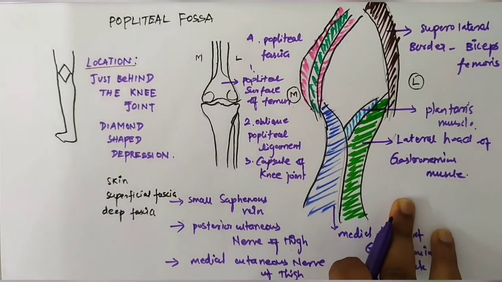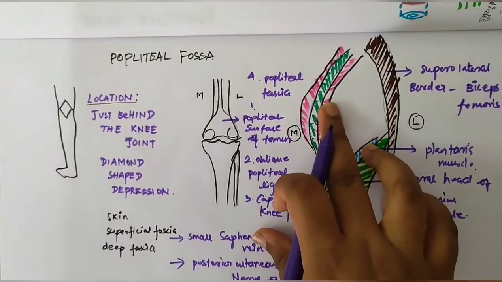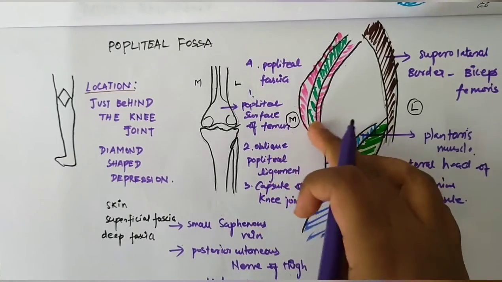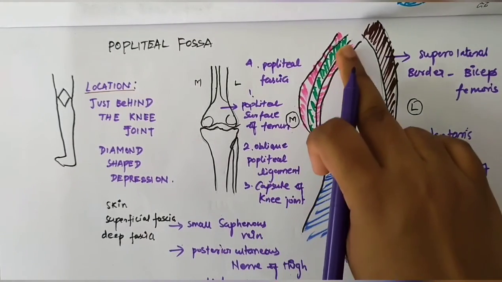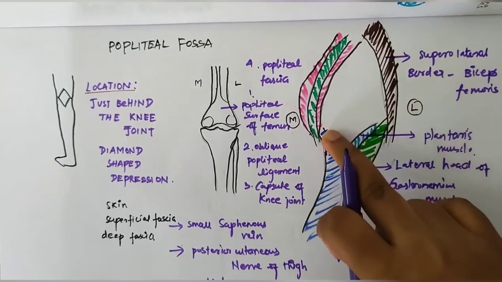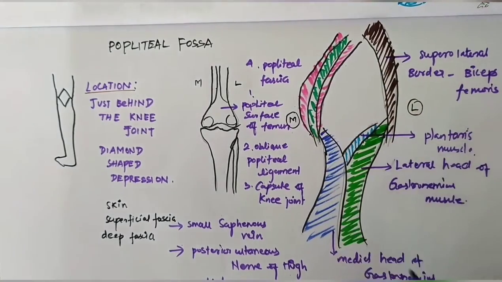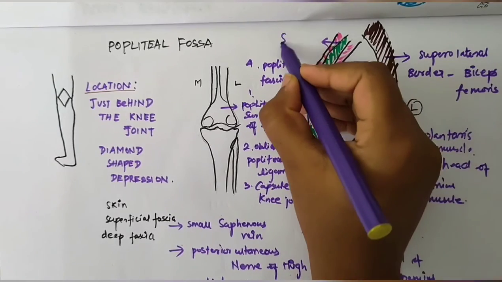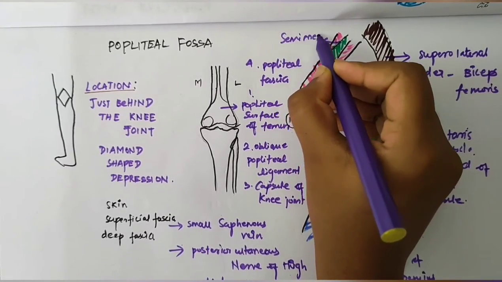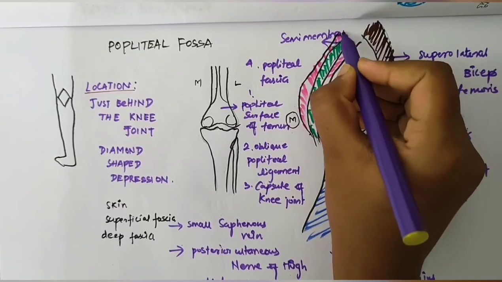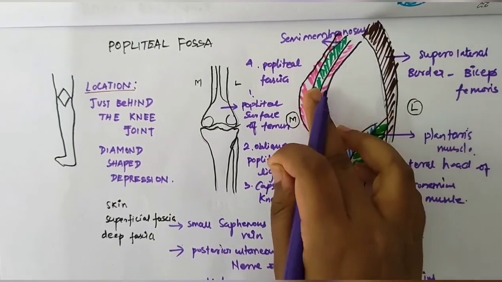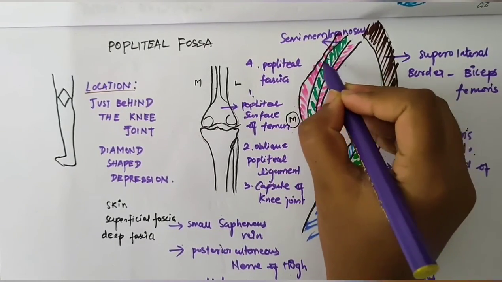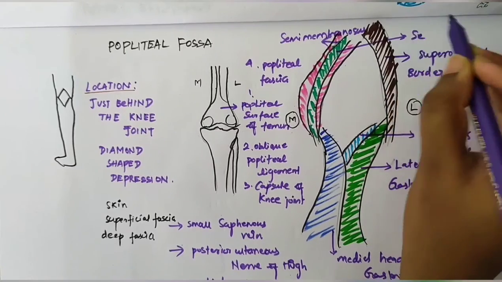And this supromedial border is formed by the semimembranosus muscle and the semitendinosus muscle. This rose color is the semimembranosus, and this green color is the semitendinosus.